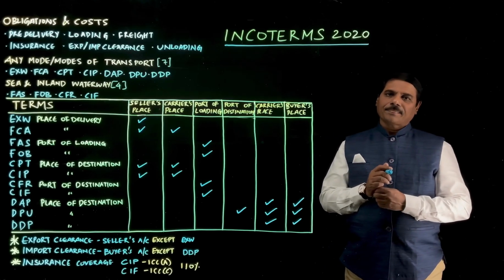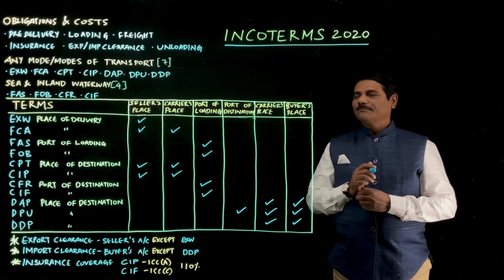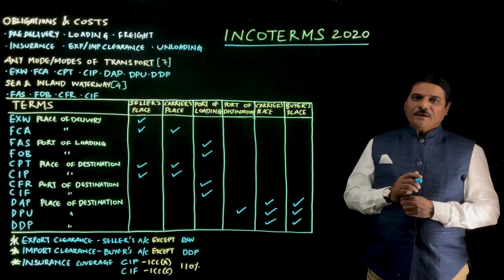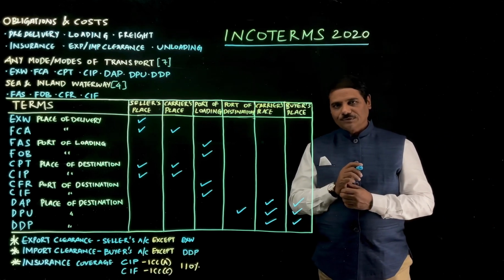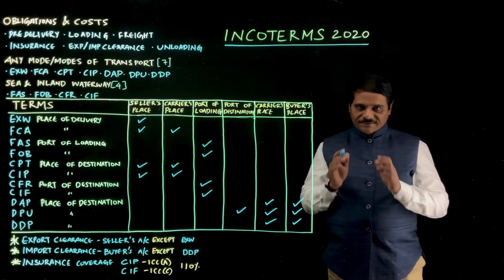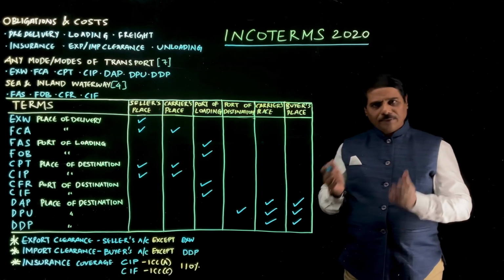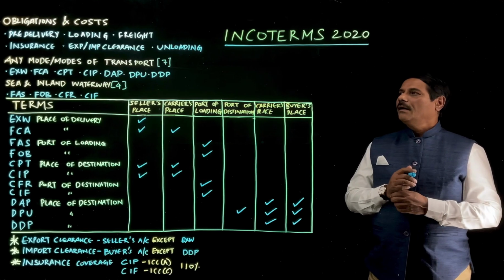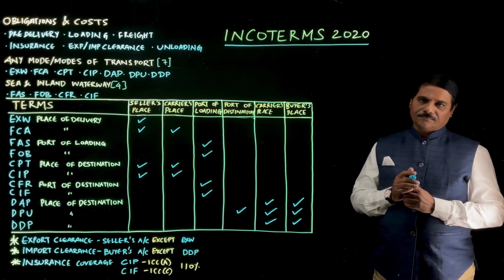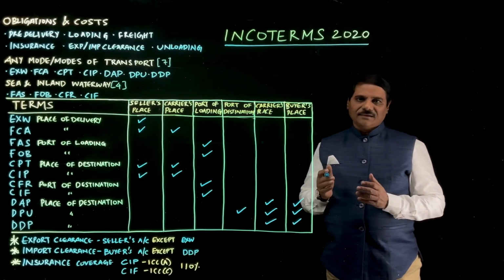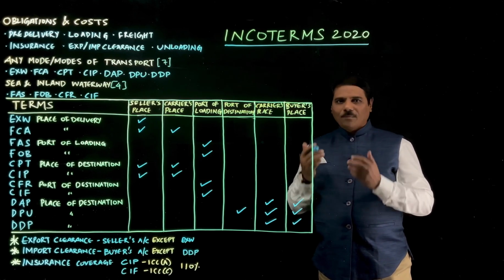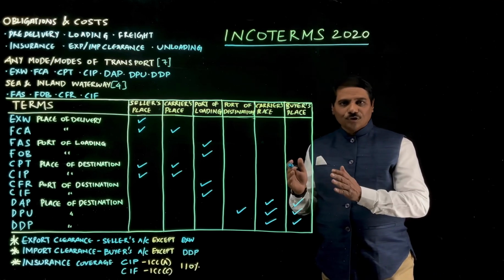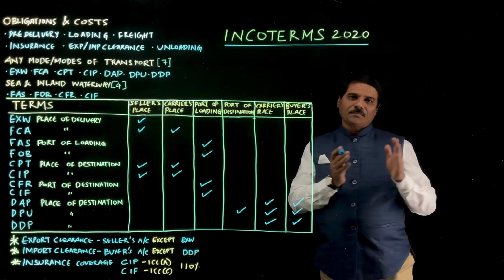In this class, I am going to cover international commercial terms. When there is a movement of the goods involved in a sale, either domestic or international sale, the seller and the buyer must carry certain obligations and costs while moving the goods from seller's place to the buyer's place.